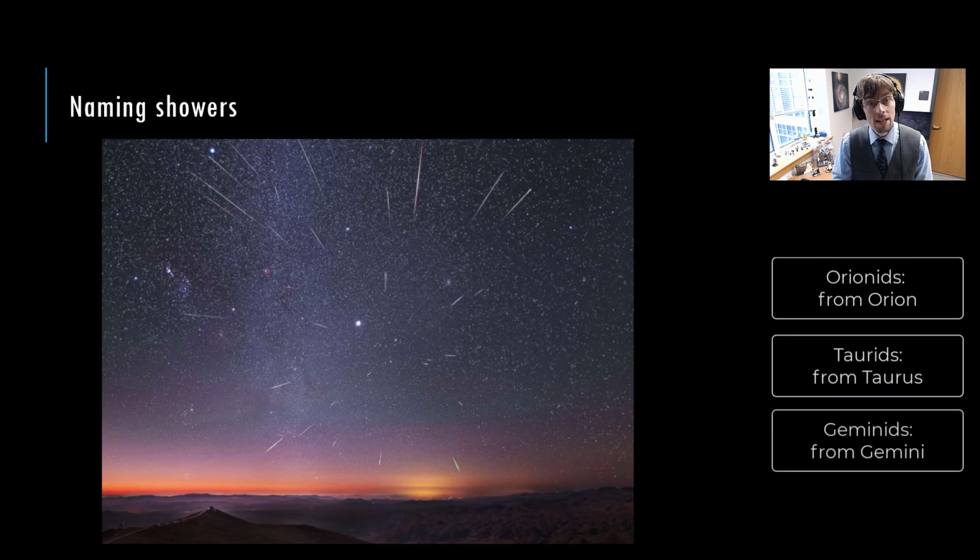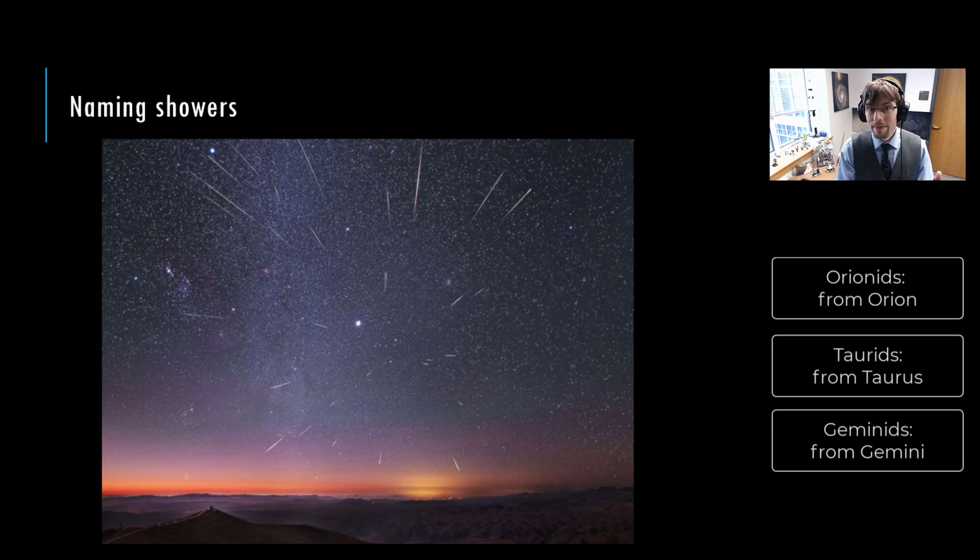The Geminids appear to originate in the constellation Gemini. So again, by memorizing the star chart, you'll hear these names pop up, and you should hopefully be able to navigate to where you should be looking. Okay.